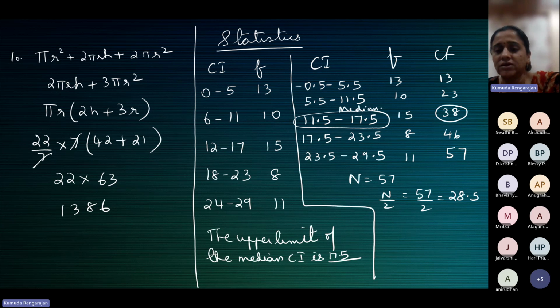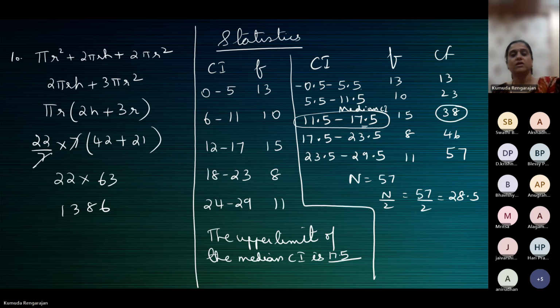And the upper limit of the median class interval is 17.5. Correct. I think Niveda has given that answer. And Bhavishya also said 17.5. Yes, ma'am. Okay. On WhatsApp, I can see Niveda and Hasif have mentioned 17.5.